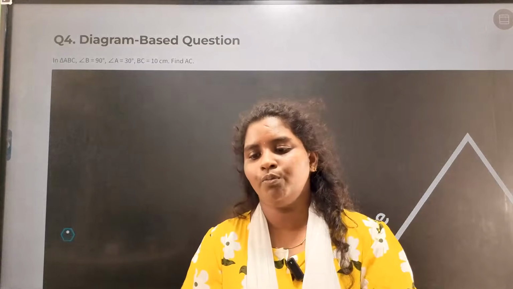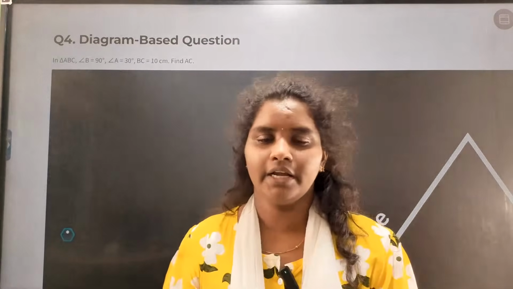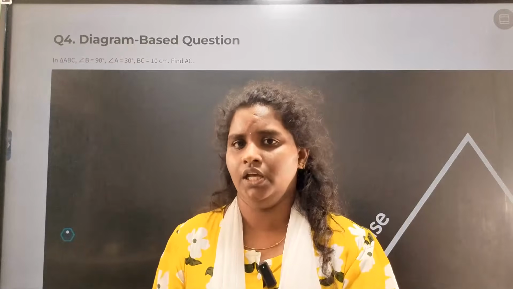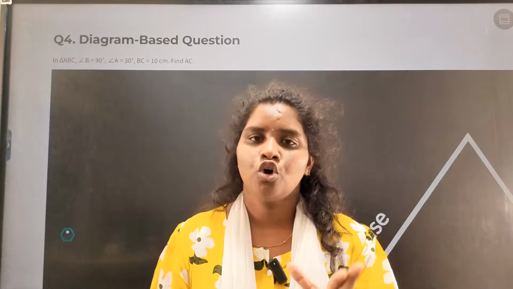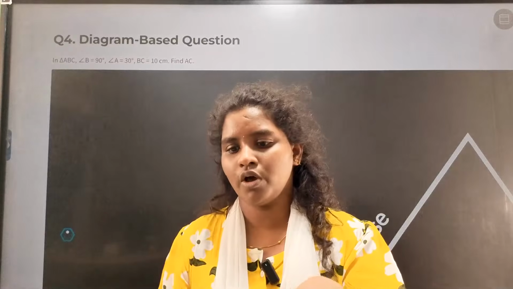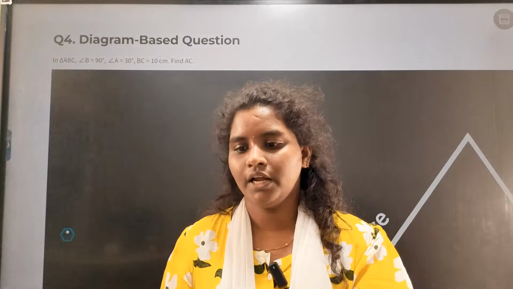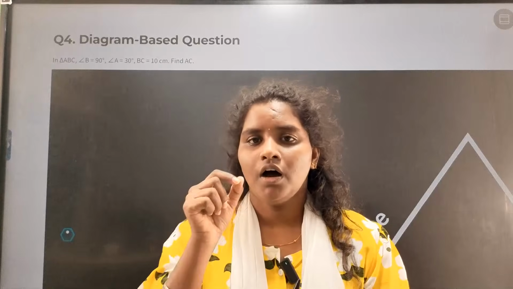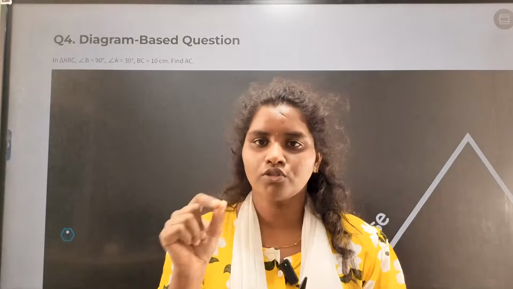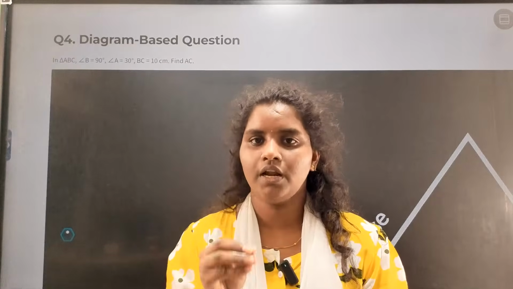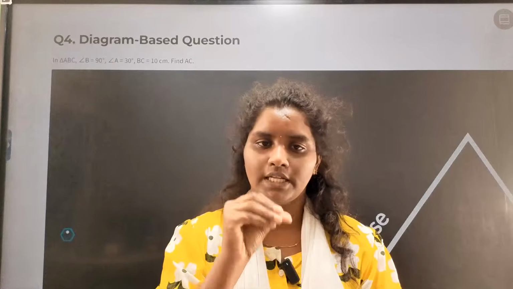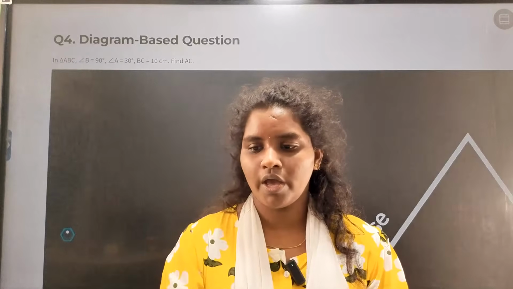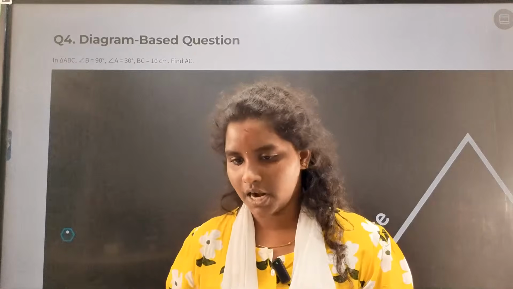So how will you prove? For example, you have to take x is equal to 60 degree. Like that you have to take. So sine square 60 plus cos square 60 you have to mention, and you have to substitute sine 60 value and cos 60 value, and then you square and simplify, you'll get the answer as 1.